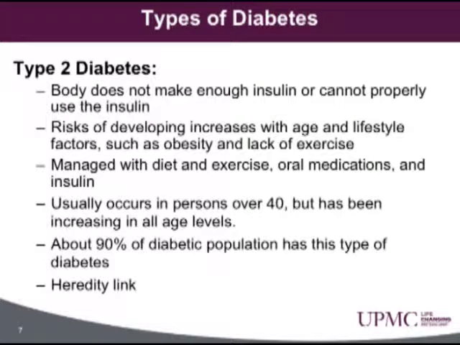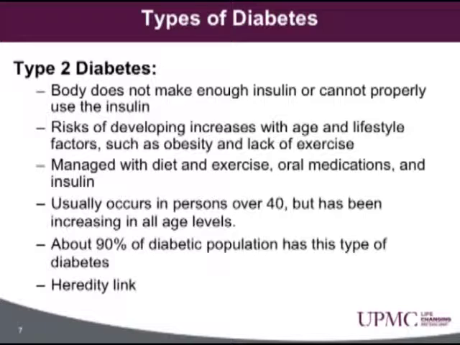In type 2 diabetes, the body does not make enough insulin or cannot properly use insulin. Risks of developing increases with age and lifestyle factors such as obesity or being overweight and lack of exercise. This type of diabetes is managed with diet and exercise, oral medications, and sometimes we also use insulin in these individuals.